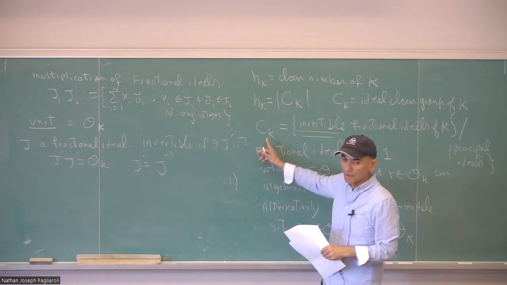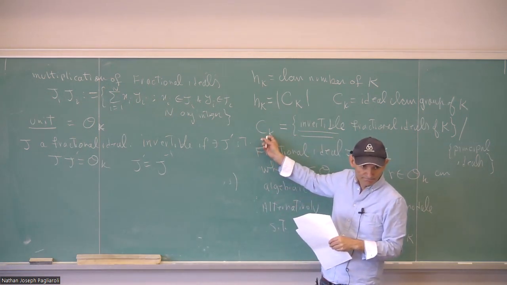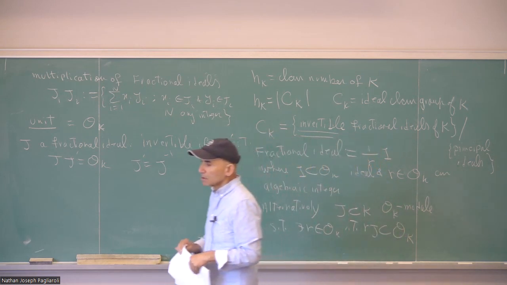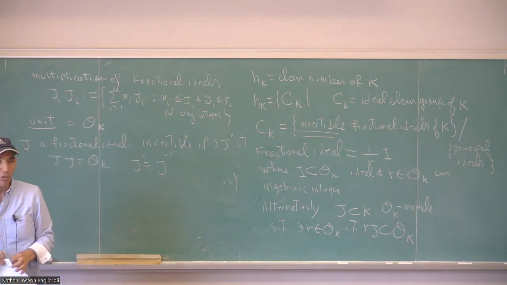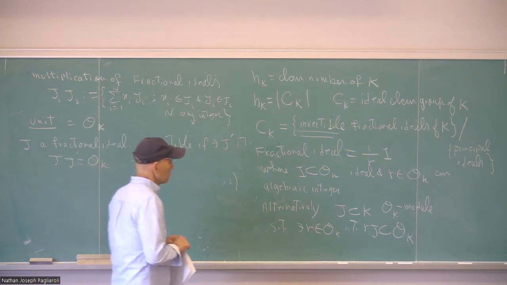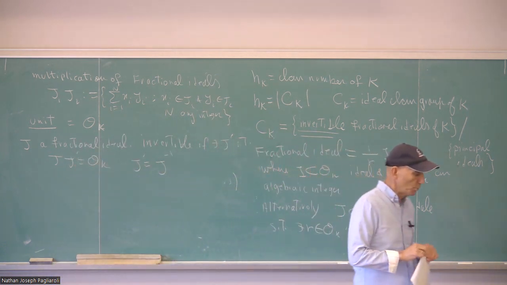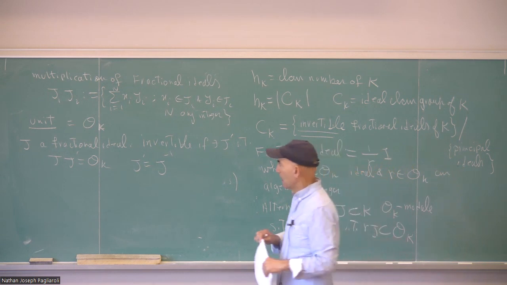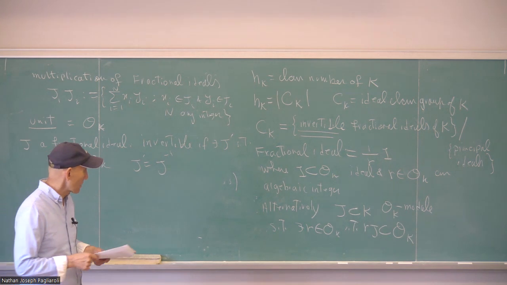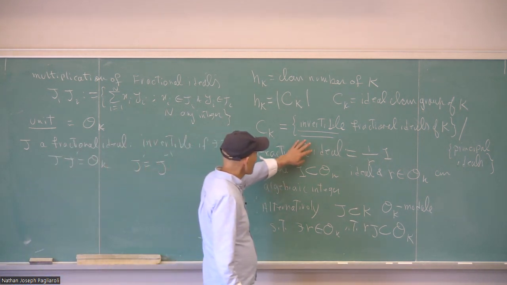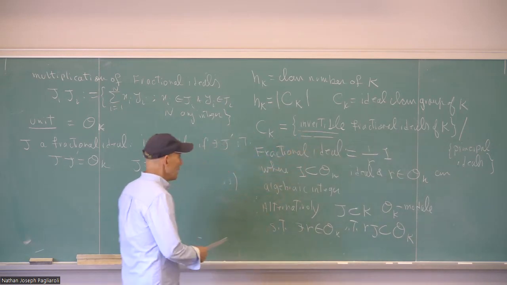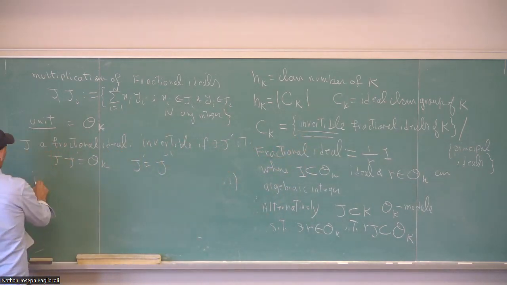Now, it is a non-trivial theorem that this is a finite group. It's a non-trivial result that it is a finite group. So for those who know Riemann surface theory and a little bit of maybe algebraic geometry, but mostly just Riemann surface theory, these invertible fractional ideals are analogs of line bundles.